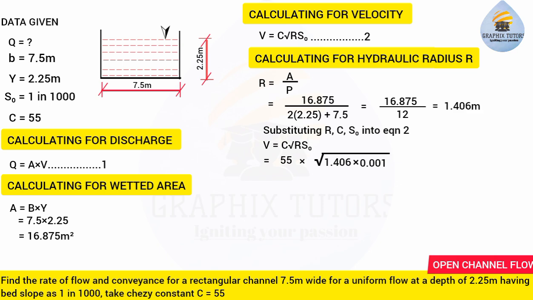So our velocity will be 2.06 meter per second. First of all, you multiply the inside, 1.406 times 0.001, you find the square root and you multiply by 55, and you'll have 2.06 meter per second.